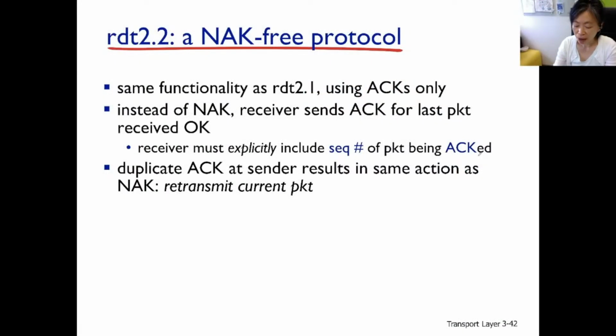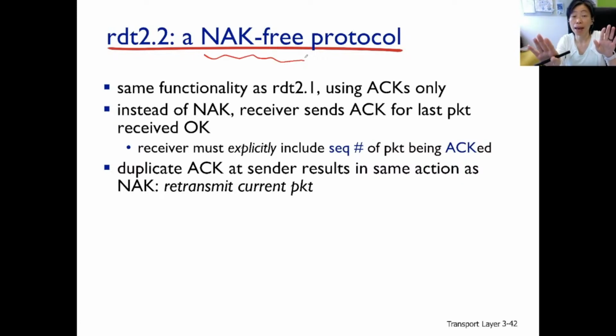RDT 2.2, it's essentially the same as 2.1, except here. It's going to be the NAK-free version of 2.1. By saying that, what I meant is, well, in 2.1, when the packet arrives at the receiver, we send positive acknowledgement, that is ACK. Well, in case that data packet is corrupted, we send a negative acknowledgement, that is NAK. Now, as a result, we do have 2 packet formats, right?